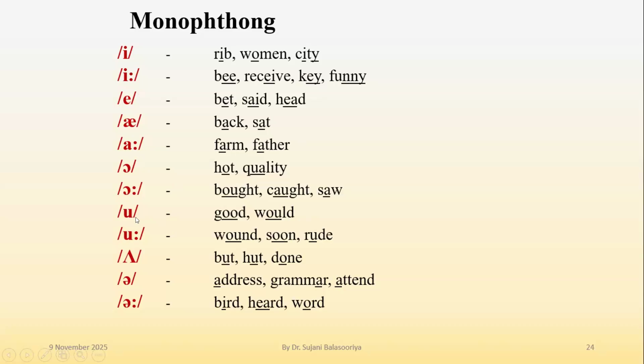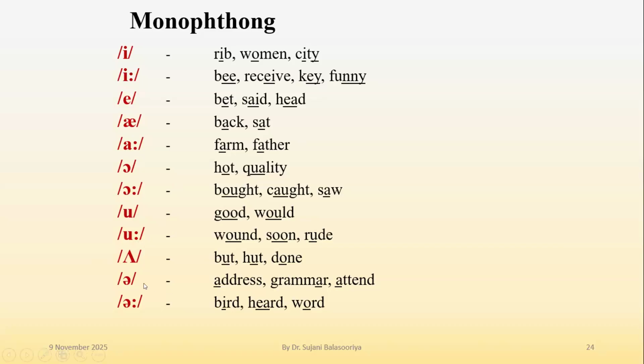Next, short u sound, like in good and wooden. The next one, long u sound, like wound, soon, rude. Next one, the phonetic symbol looks like an upside down letter v. The sound is uh, like but, hut, done.